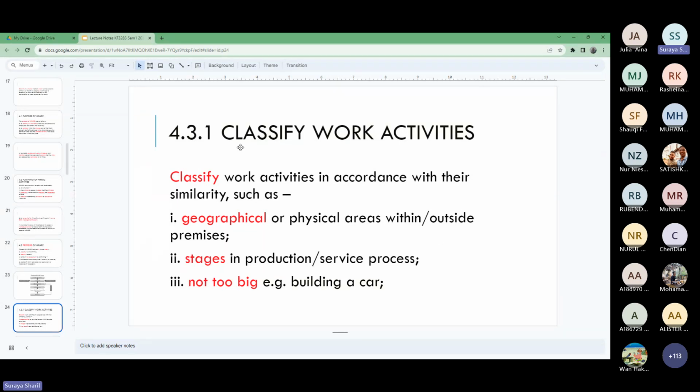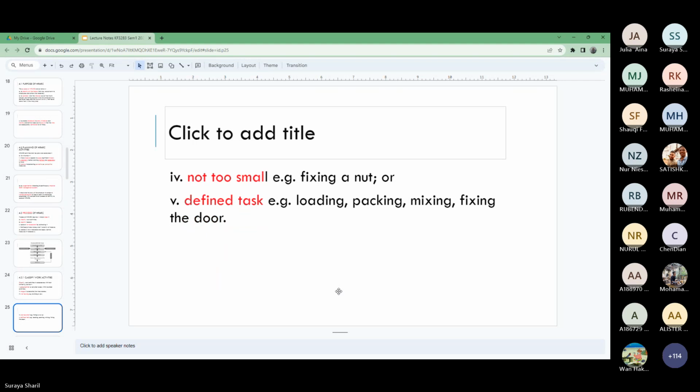So next is about classifying work activities. Classify work activities in accordance with their similarity, whether it is geographical or physical area within or outside the premises, or stages in production or service process, whether the work activity is not too big, for example, building a car, or not too small, fixing a nut.